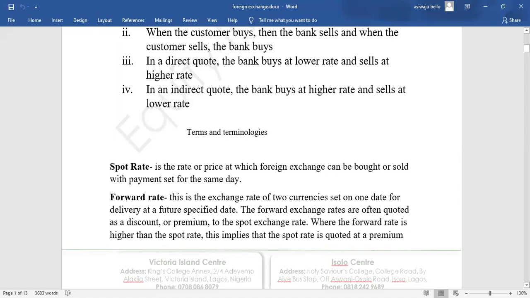The spot rate is the exchange rate now. Assuming you are buying dollar now, the amount that applies now is called the spot rate. That is the spot rate.